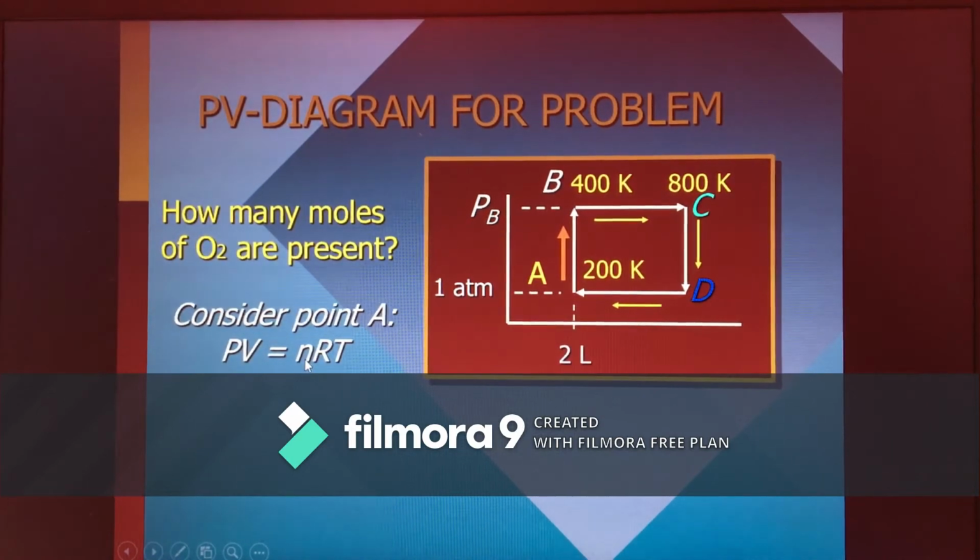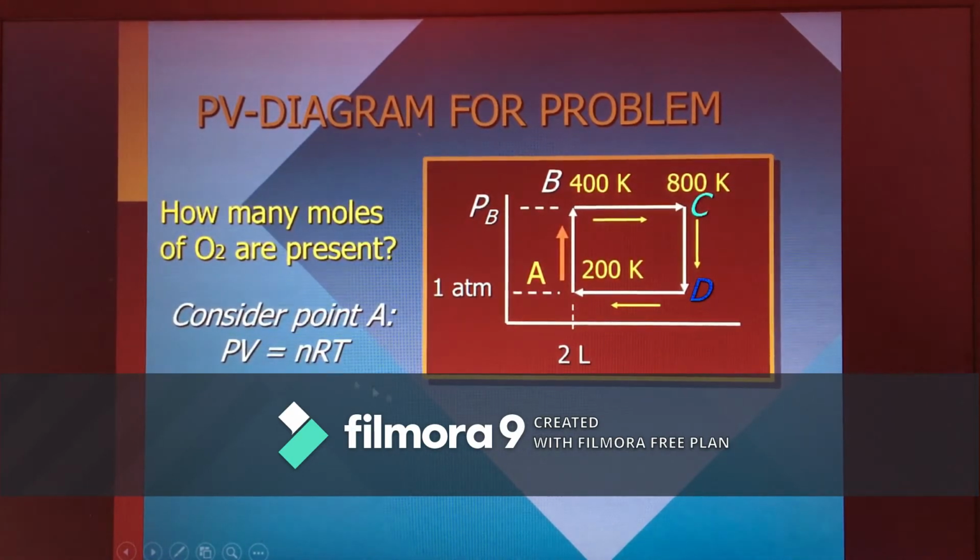So divide both sides by R times T. So we have this formula, n equals PV divided by RT.